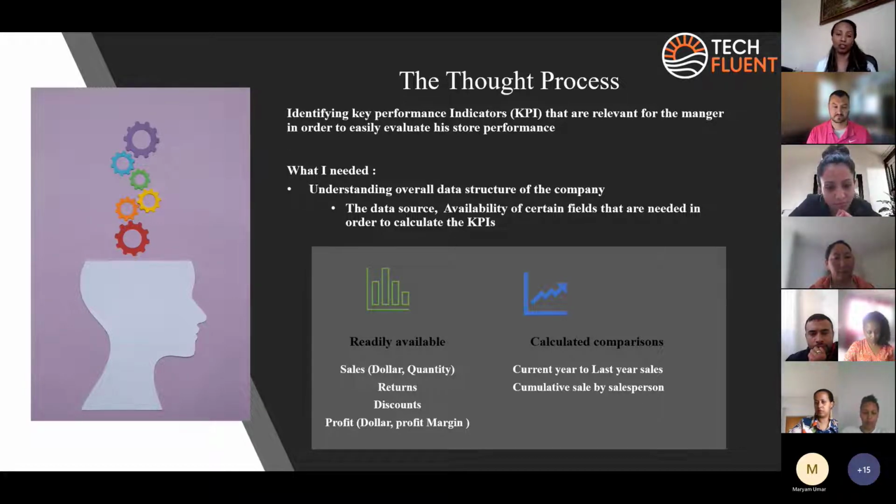The investigation shows that I already have some of the metrics: sales, returns, discount, and I can easily derive the profit and other calculations for the KPI measures. I also saw that I can calculate comparisons through years and cumulative sales by person in the store so that the manager can see the performance of his stores and salespeople.